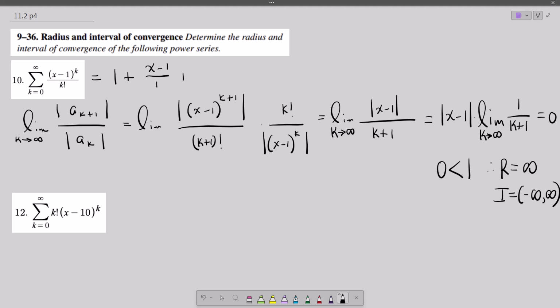So this would be the first 3 terms of the series. Let's go 4 terms. So this would be the first 4 terms of the series.